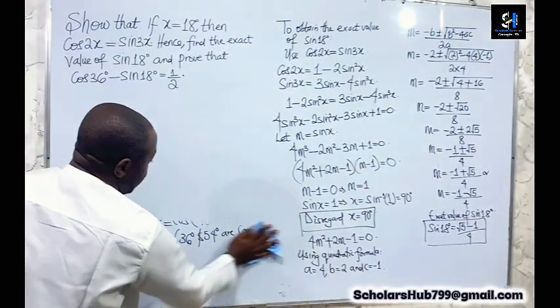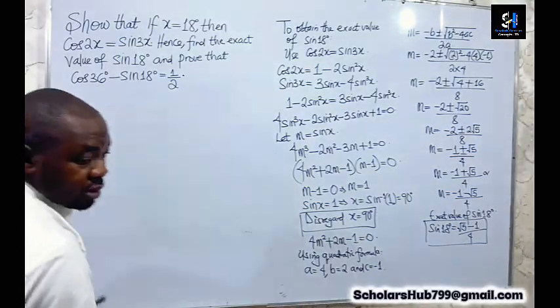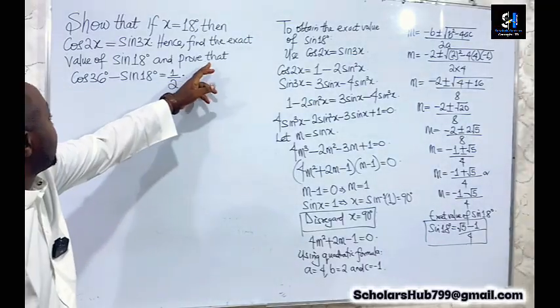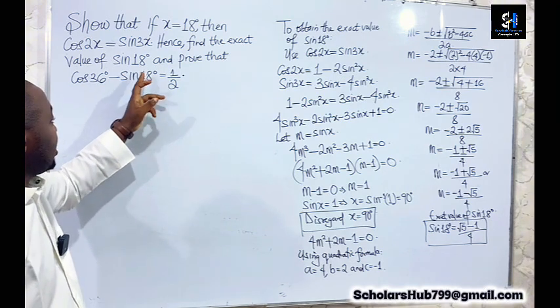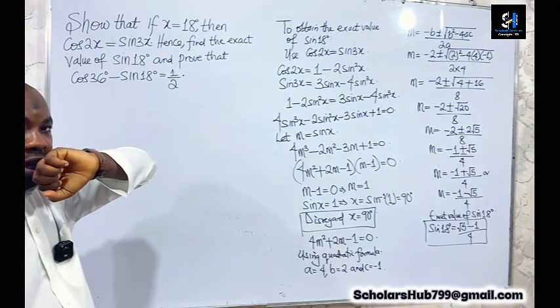Okay, so now the next question is for us to prove that cos 36 degrees minus sine 18 degrees is equal to 1/2.